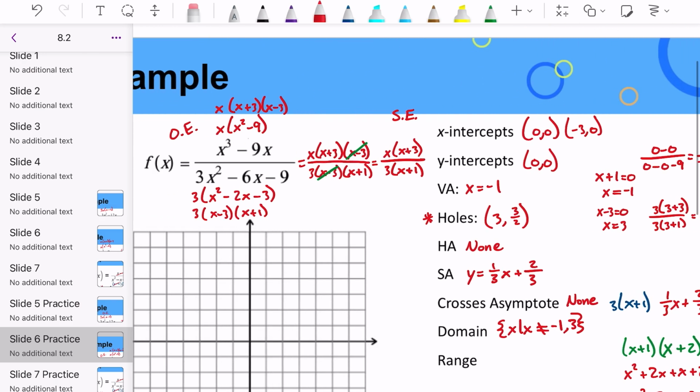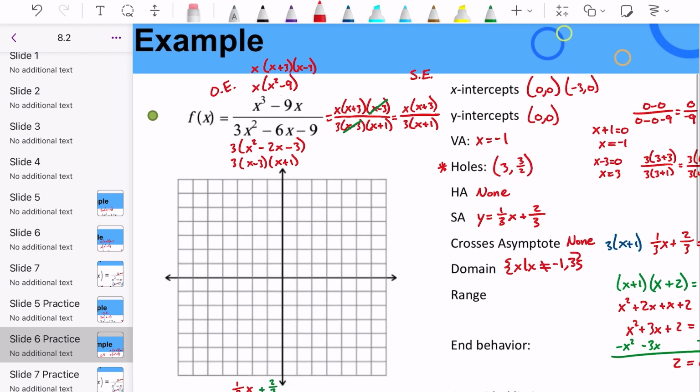We are going to go ahead and get started with graphing out everything that we have. We first start off with our asymptotes. In this case, our vertical asymptote would be at -1. We have a slant asymptote, which occurs at 1/3 x plus 2/3.